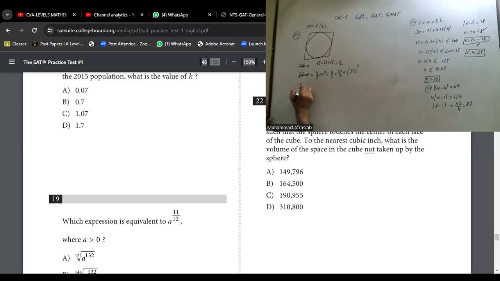So the volume still left inside is equal to volume of cube minus volume of sphere.